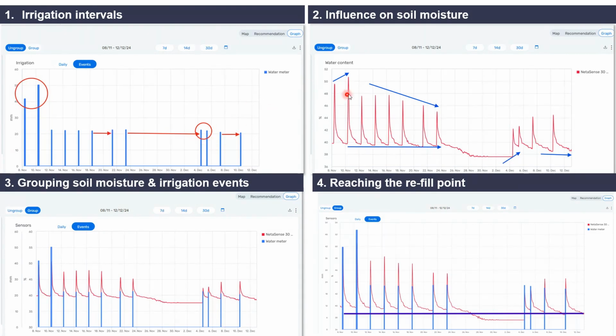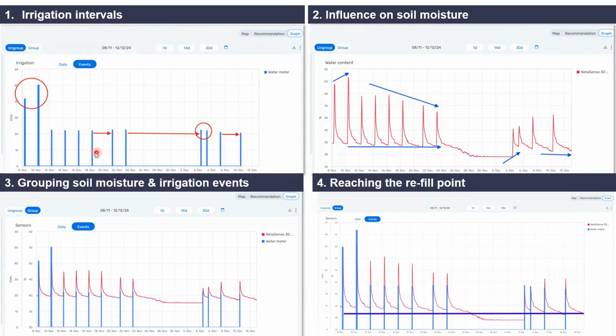And when we see the influence on the graph of the soil moisture, you see that when the quantity is bigger and the irrigation was longer, there is an influence on the soil moisture. And when we change the interval, there is also an influence. Here, by the way, there is a gap, but the quantity that was implemented was probably the same, but still there is a decrease.